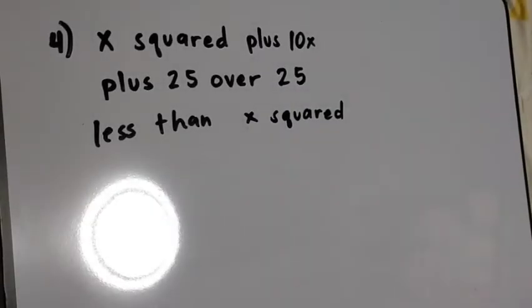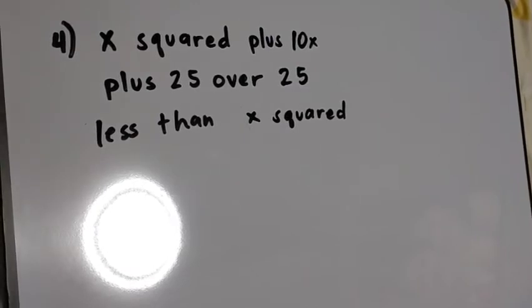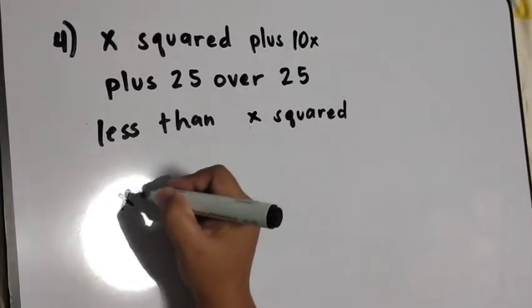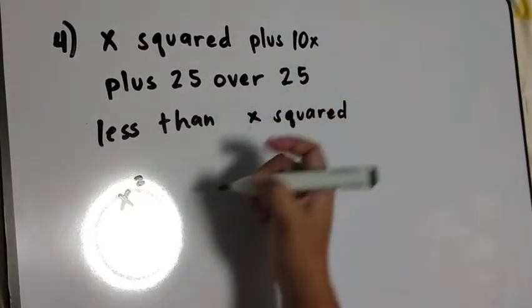We have x squared plus 10x plus 25 over 25 less than x squared. So, again, mathematical sentence transform into mathematical expression. So, we have x squared. So, that is x raised to 2 plus 10x.